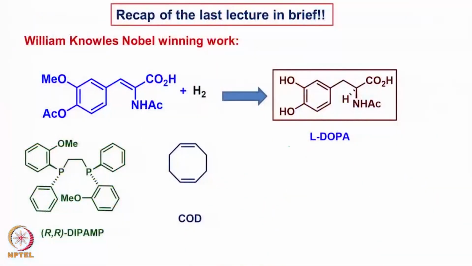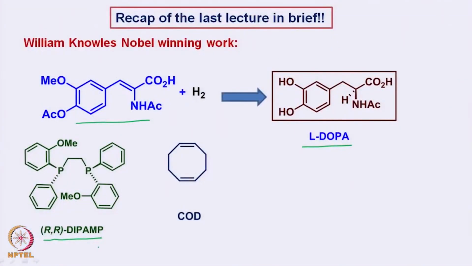Now we looked at the asymmetric reduction part, where we discussed William Knowles' Nobel Prize winning work, where he developed an industrial method for the synthesis of L-DOPA, starting from an enamide like this, where asymmetric hydrogenation was done using a rhodium catalyst where the ligand was this DIPAMP, and this led to the synthesis of L-DOPA in a high enantiomeric purity.